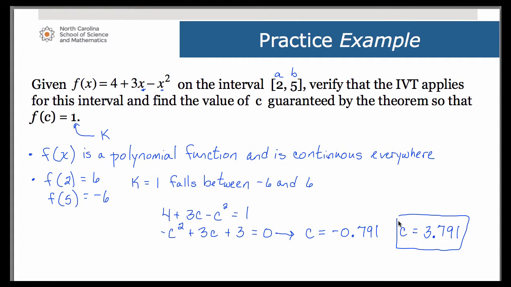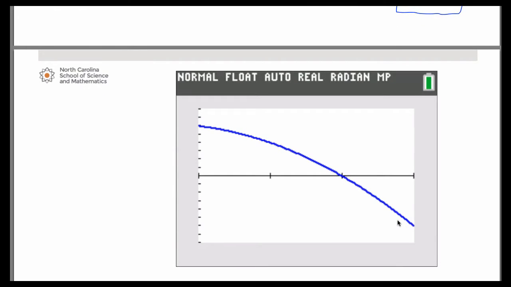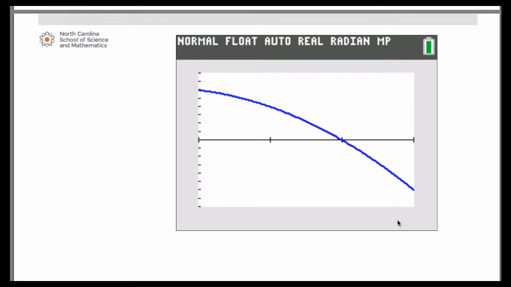Now let's take a look at a graph of this, and we can see that it actually does work out this way. So here's a snapshot from my graphing calculator of that curve. Right here is 2. I scaled this, so here's 2, 3, 4, and 5. And remember, our k value was 1, so here's 1 right here.